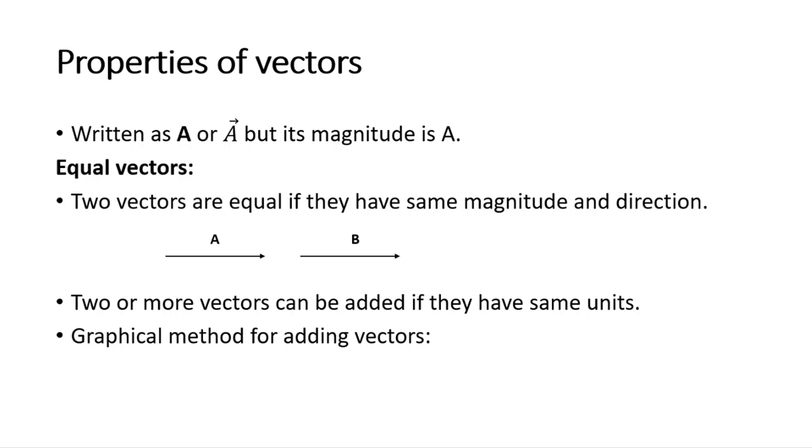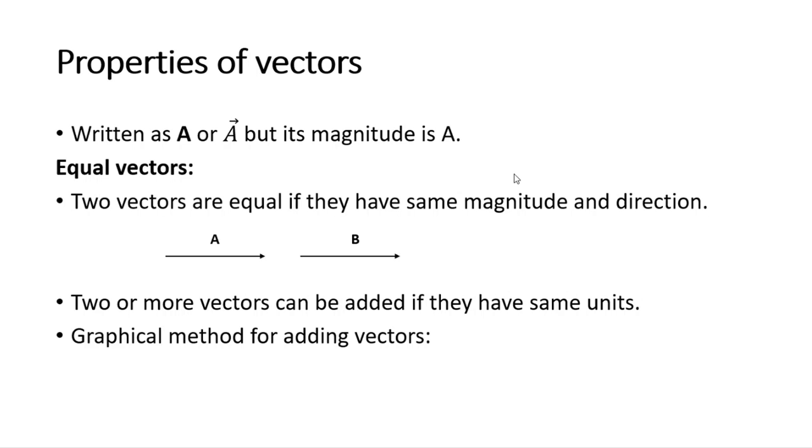Two or more vectors can be added if they have the same units. If A and B have the same units, either velocities or displacements or weights, then we can simply add them up. There is a graphical method for adding vectors.